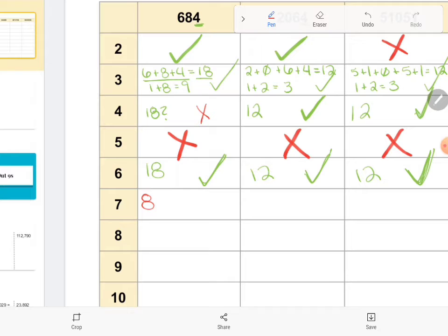And we will do 68 minus 8. Don't believe I did that right.